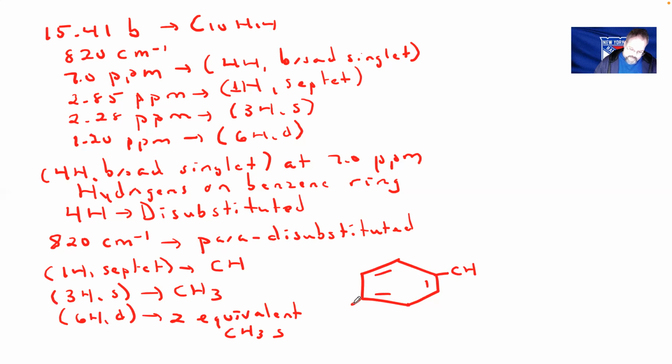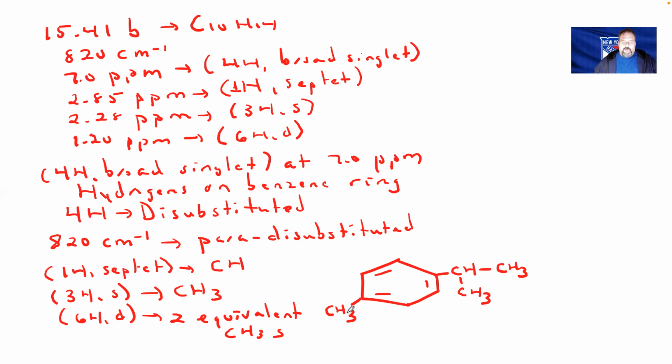The other one in the para position would have to be a CH3 attached to the benzene ring. You can't have 2 CH3s attached to the benzene ring because then you'd be done. So one has to be a CH, and one has to be a CH3, and this is going to be the CH3 that's different from the other 2. And then it fits very well that the last 2 CH3s would be attached to the CH, because if they're attached to the same carbon, that would make them equivalent.